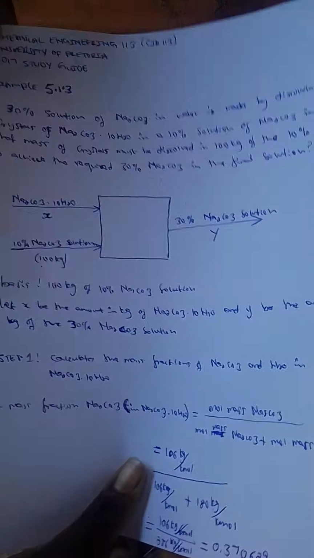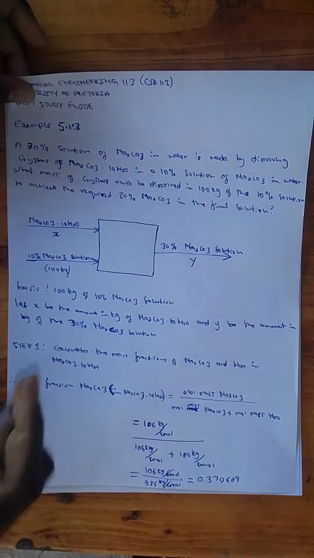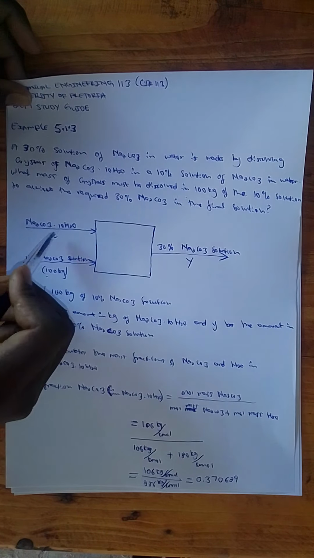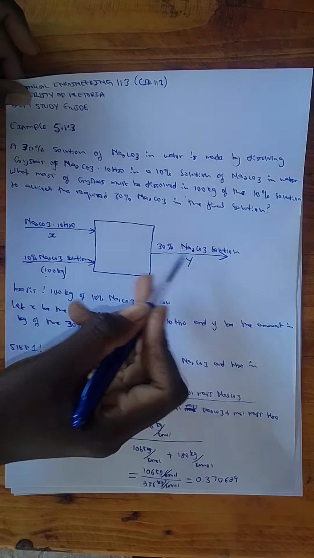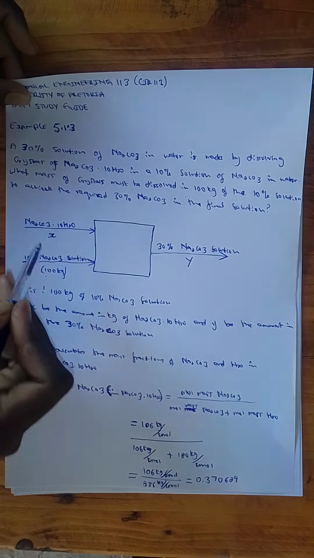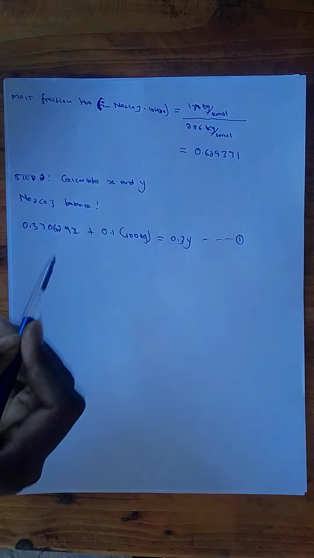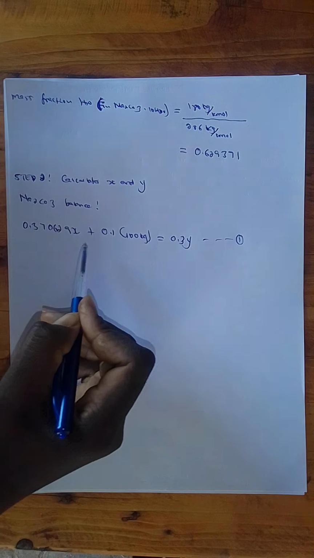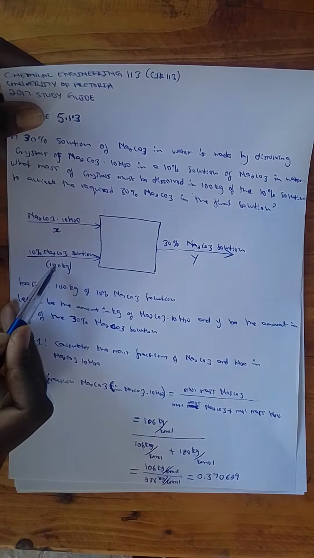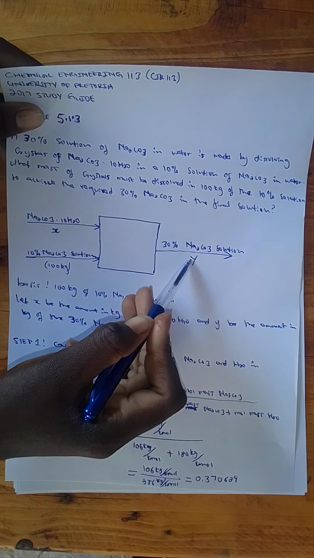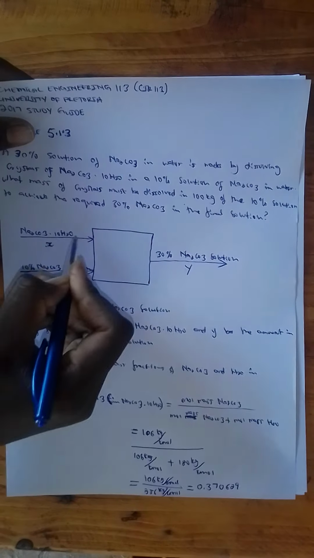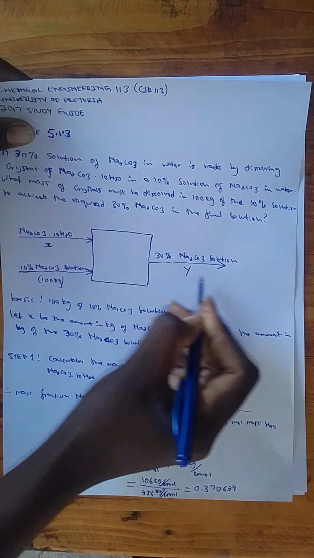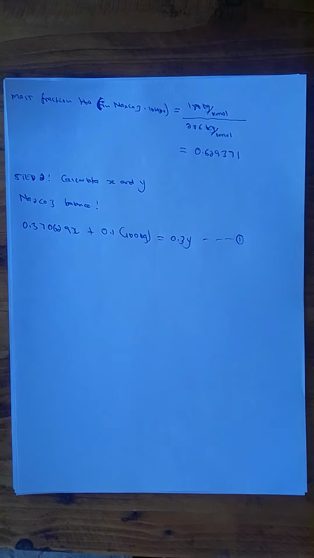That becomes our first equation. Remember, we know that the mass fraction of Na2CO3 we calculated to be 0.37062. Here it is 10%, so it's 0.1, and here it is 30%, so 0.3. So we did an Na2CO3 balance, and we got that equation. We are saying all the Na2CO3 in here plus all the Na2CO3 in here equals all the Na2CO3 in here. That is the whole concept around the equation.